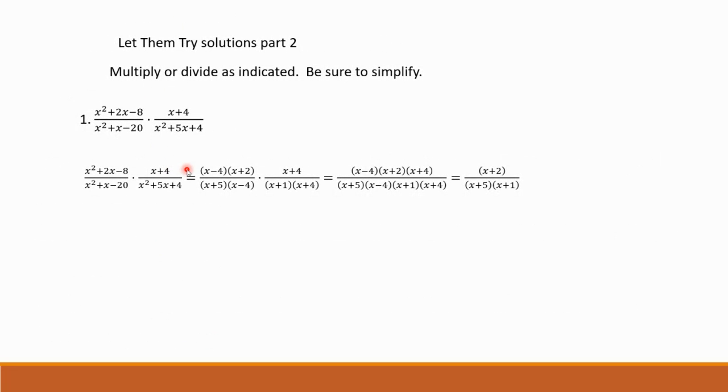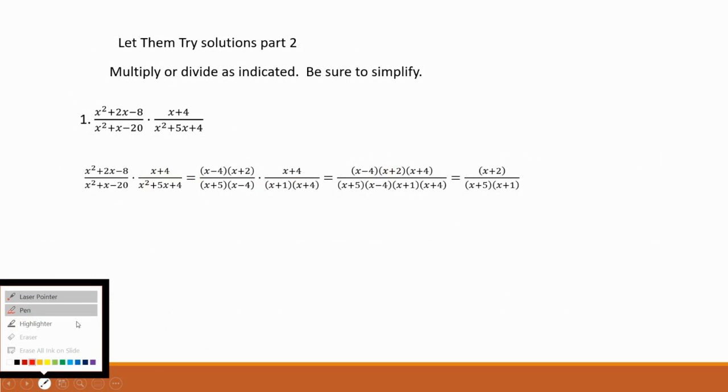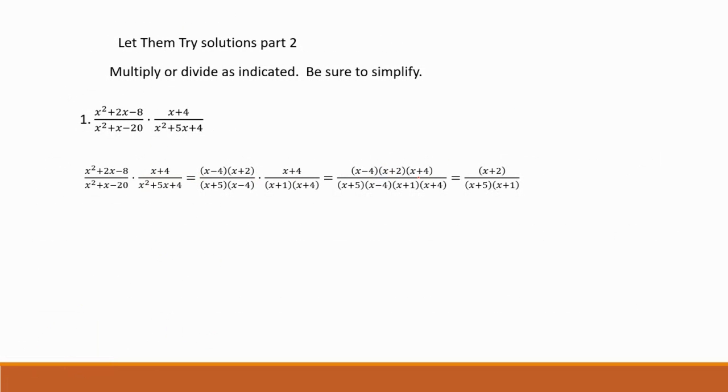Okay, so now that we have everything factored, we can now multiply. You're just multiplying denominators and numerators together. And what do we do next? We cancel common factors.